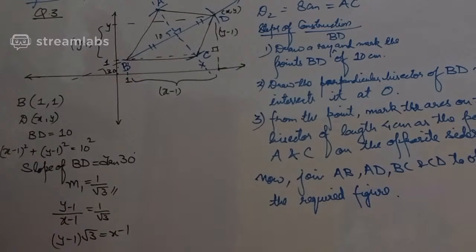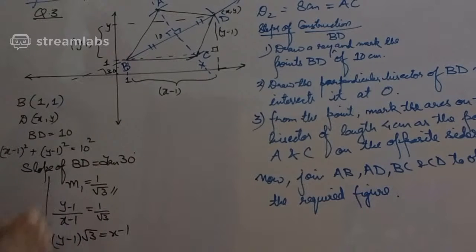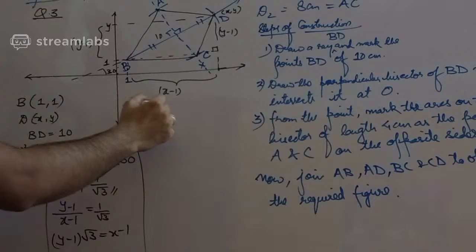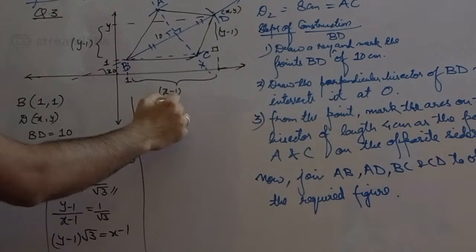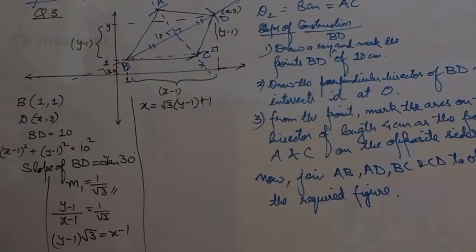Which implies x would equal root 3 times y minus 1, plus 1. So it will come as an equation of this line. Alright, the equation will also help us. So this is the equation of the first line.